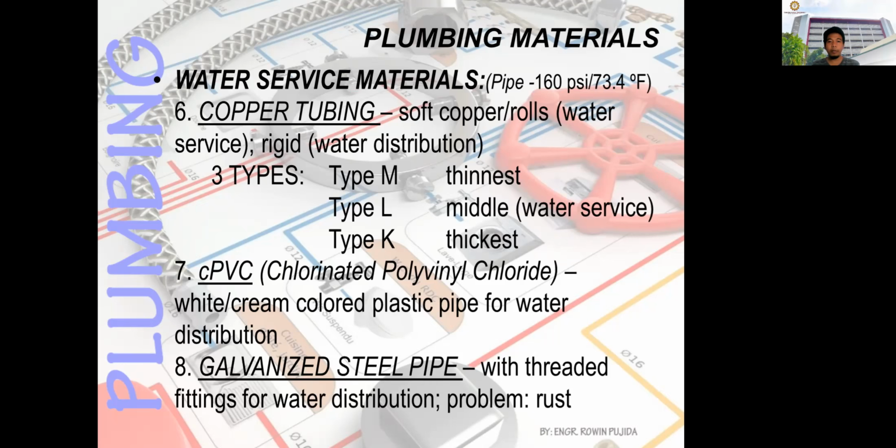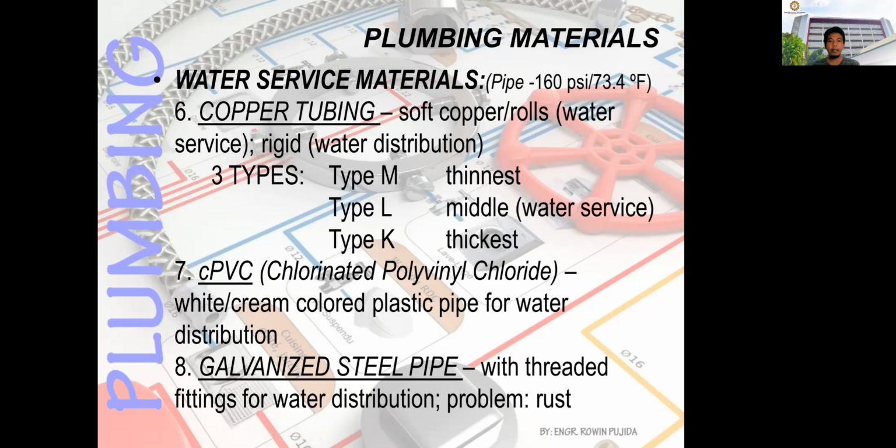There are 3 types of copper tubing, and sometimes this is used in air conditioning unit lines. Type M is the thinnest. Type L, used for the water service, is in the middle. And type K is the thickest.